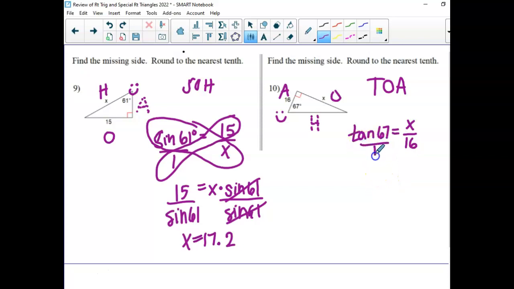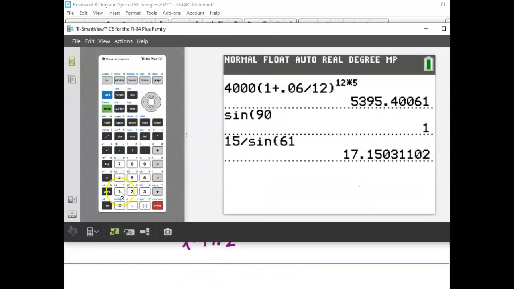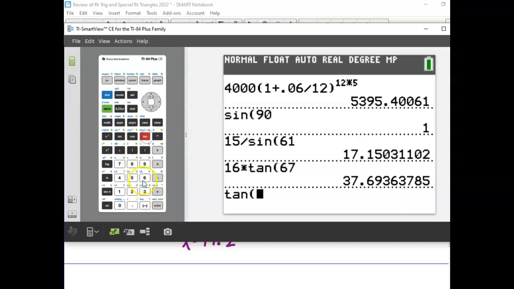Now, when I set this up as x over 1, when I go this way, I just get a 1x, right? Equals, and then it's this times this. So this time I just have to type 16 times the tangent of 67. Now, let me give you a little hint here. I always do the side times the tangent of the angle. The order you multiply doesn't matter, but if you put the tangent of the angle first, what do you have to do before you can hit times 16?